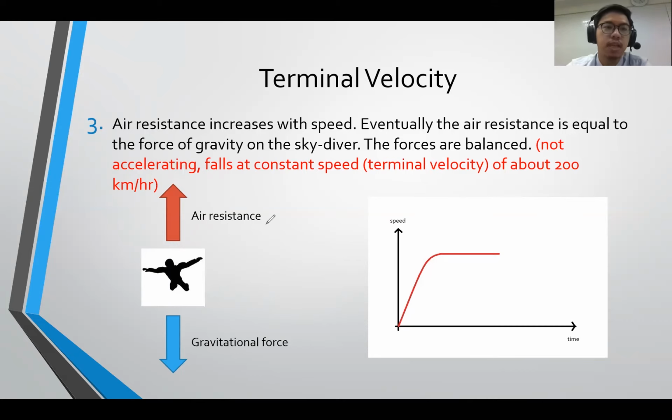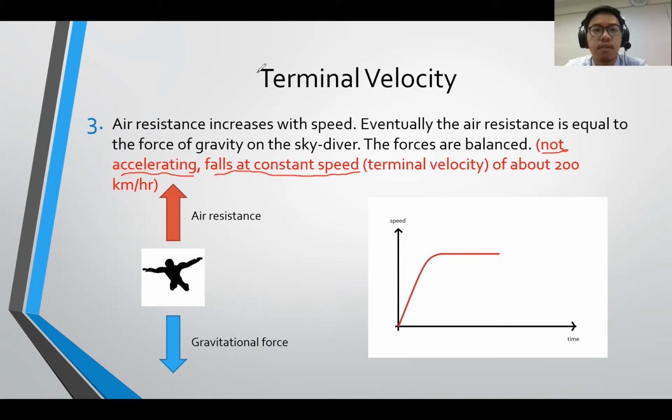Remember, if two opposing forces are equal, they cancel out each other. You don't have resultant force, and therefore you don't have acceleration. That means you are falling at a constant speed. And at this point, terminal velocity happens.